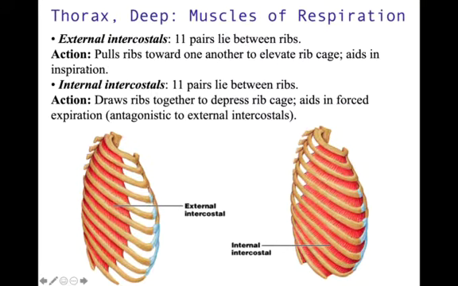When you take a deep breath in, you see your rib cage start to elevate. That's because of your external intercostals. When you breathe out, you depress your rib cage. That's the action of the internal intercostals.